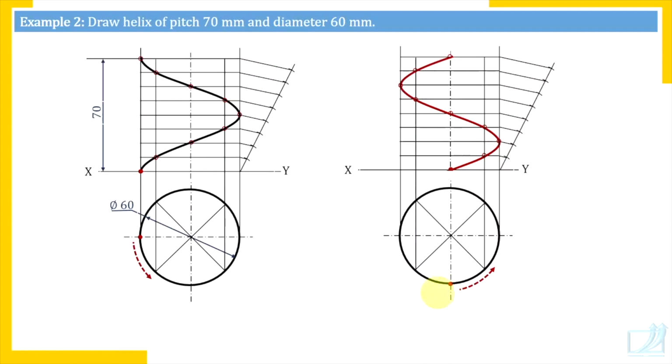And if this point starts moving in clockwise direction, on the left side it will start, and there are no hidden details because there is no cylinder involved. Now one more very important thing: if the initial position or direction of rotation is not given, you can assume the position anywhere, but we prefer extreme left or extreme right.